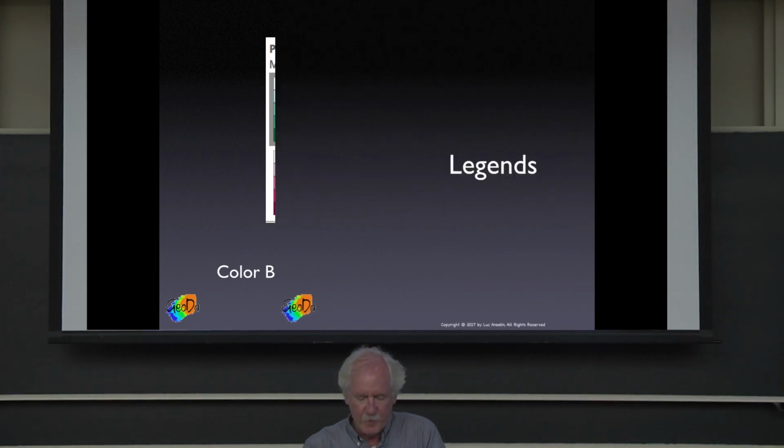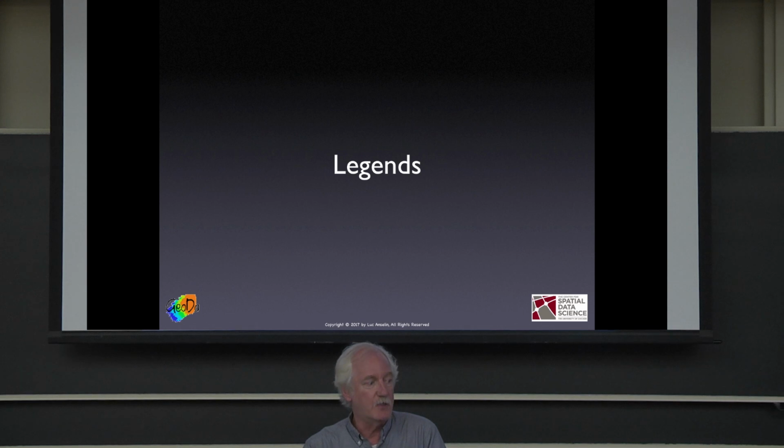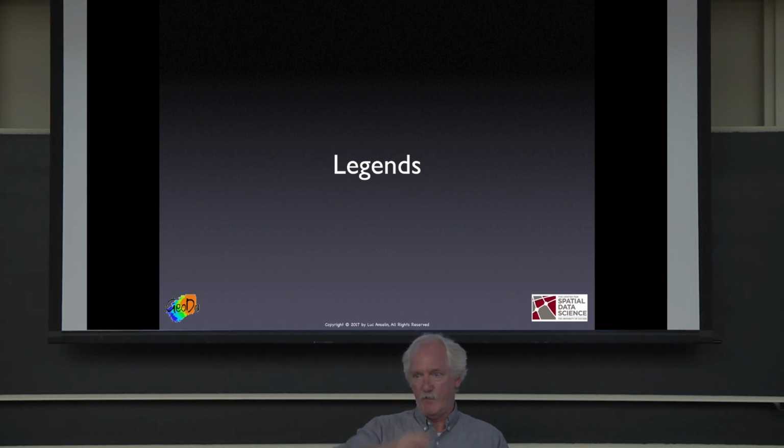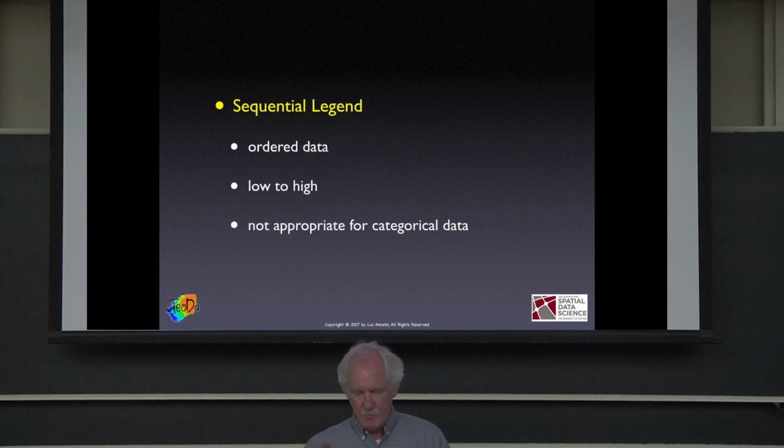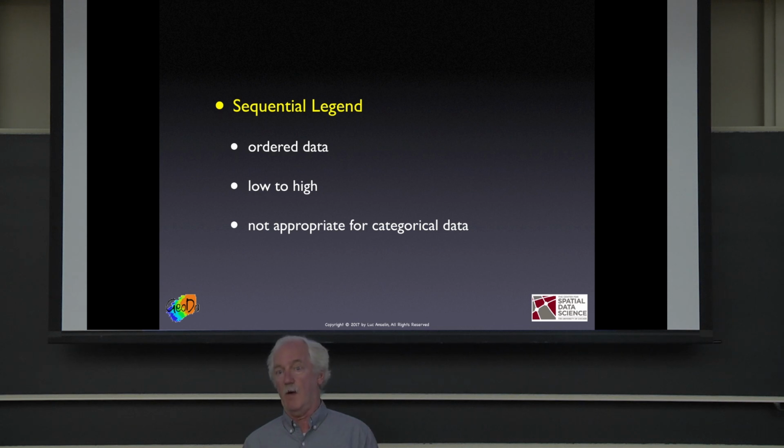This has a lot to do with legends, because you choose the colors to represent the values in different categories, and these are in a legend. In broad terms, there are 3 types of legends. It's very important that you don't mess these up, because they present different types of information.